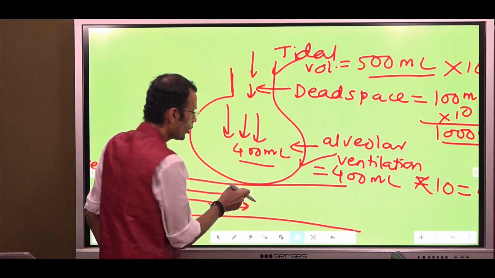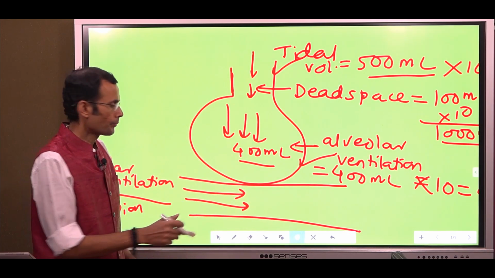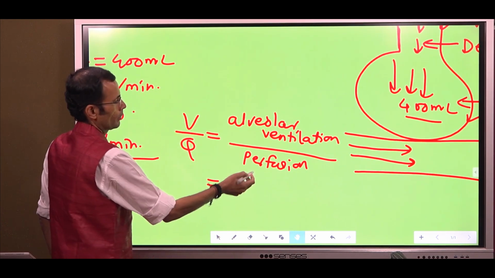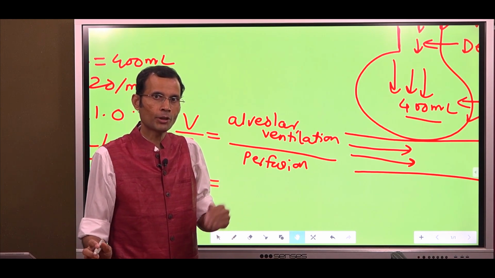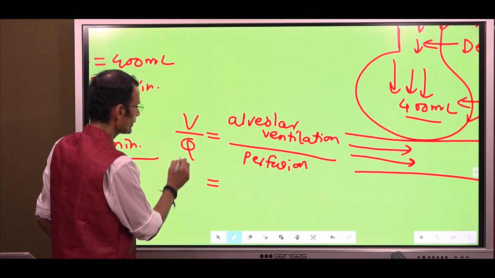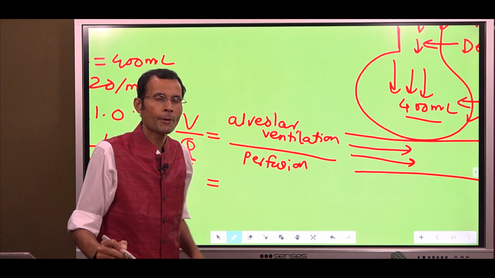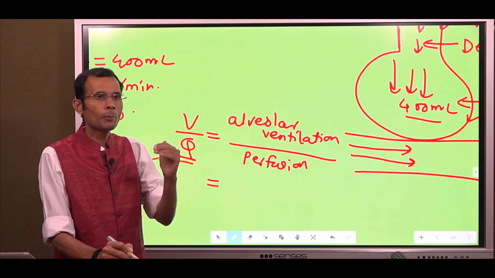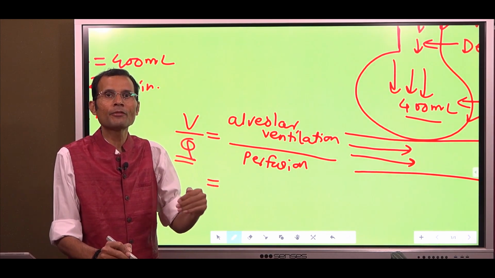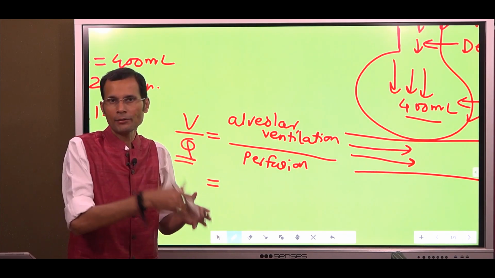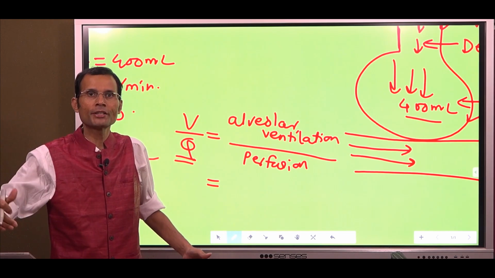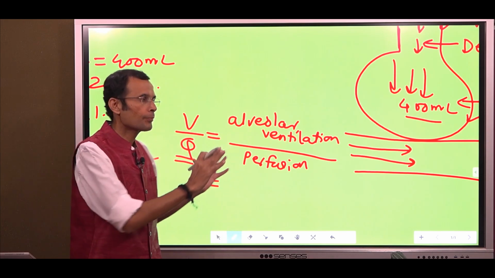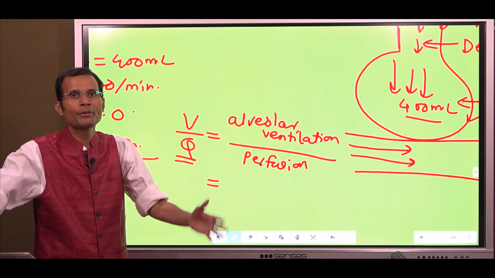Okay. How much is the blood perfusion? It will be the same as cardiac output. Blood perfusion to the alveoli, that is Q in this equation, will be same as the cardiac output, because right ventricle will pump 5 liters of blood every minute, which is the cardiac output, and it will be same as left ventricle. Left ventricle will also eject out 5 liters of blood every minute. 5 liters is the cardiac output, means each ventricle is pumping out 5 liters of blood.